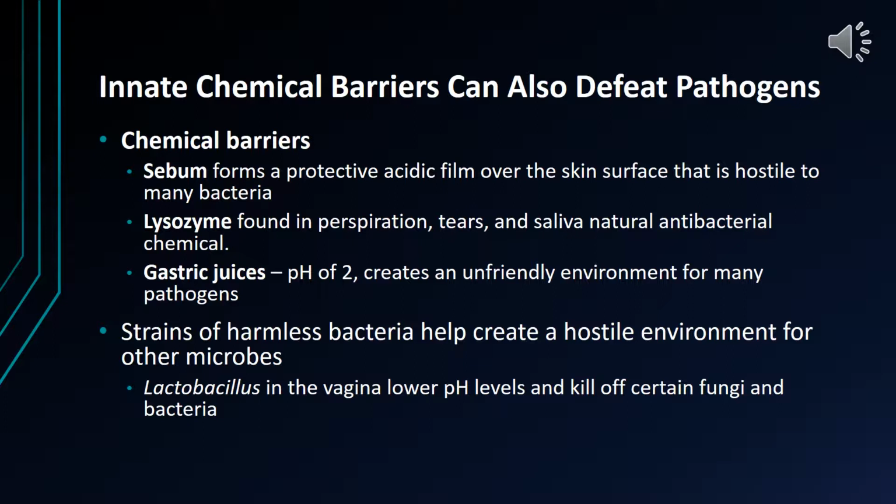And one example of these harmless bacterial strains is a lactobacillus, which is found in the vagina. And these bacteria help to lower the pH levels, which helps to kill off certain fungi and bacteria which may enter the vagina.